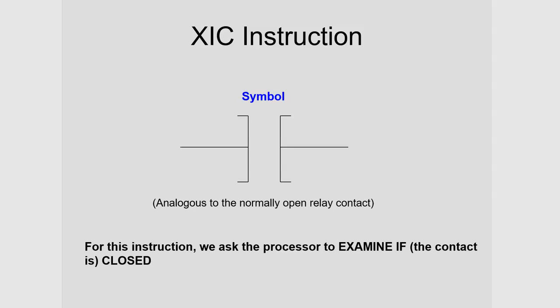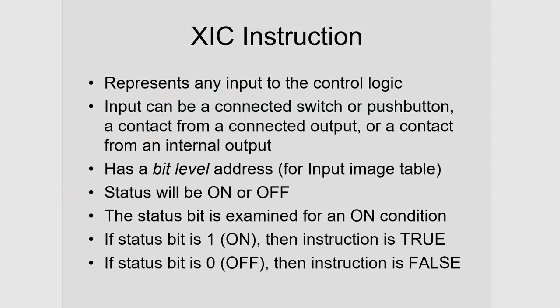Remember in digital, when we count, we start counting with 0 and not 1. We can think about individual cells in the input image table, and what this instruction is examining is one of those cells. It's looking for either a 0 or a 1, and depending on what it finds, that will affect the truthfulness of the symbol.